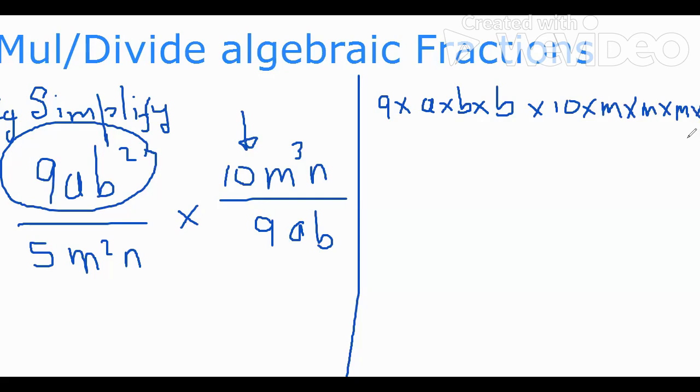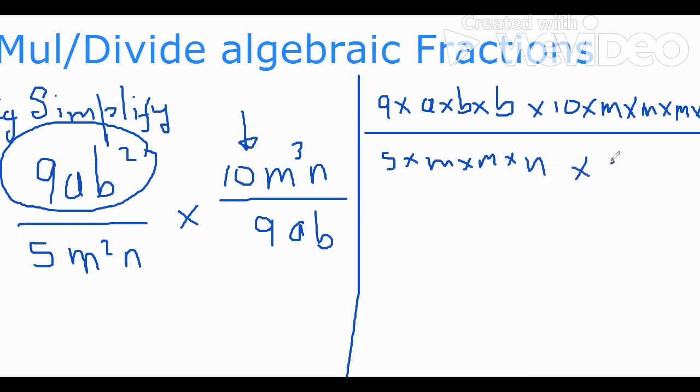Are you guys seeing that? All over 5 times M times M, times N, multiplied by 9 times A times B. Everybody see that?